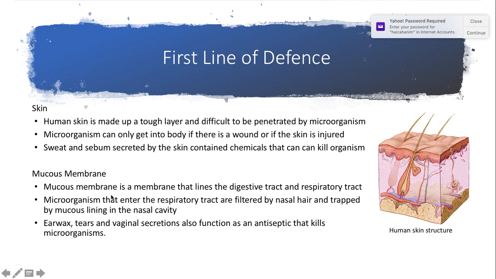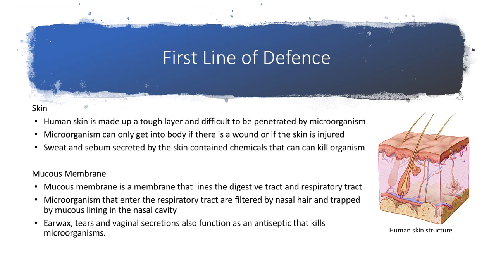Okay, so untuk respiratory tract, microorganism that enter the respiratory tract are filtered by nasal hair, ataupun bahasa mudahnya dipanggil bulu hidung lah, and trapped by mucous lining in the nasal cavity. In the nasal cavity, dekat rongga hidung kamu.